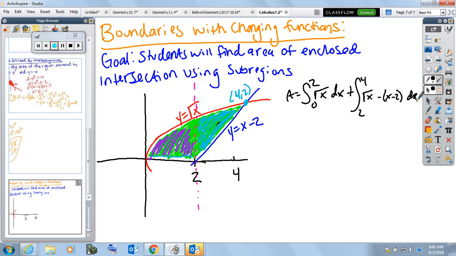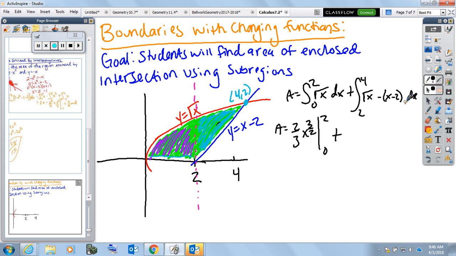So we're going to go ahead and find that area is equal to, in this case, don't forget, guys, 2/3 x to the 3/2, raise the power, divide by the power, from 0 to 2, plus, now we have 2/3 x to the 3/2, we have our x squared over 2, and we have our 2x happening in here.